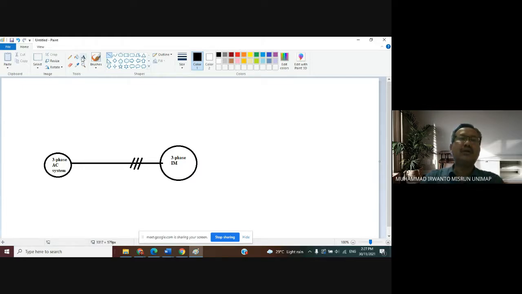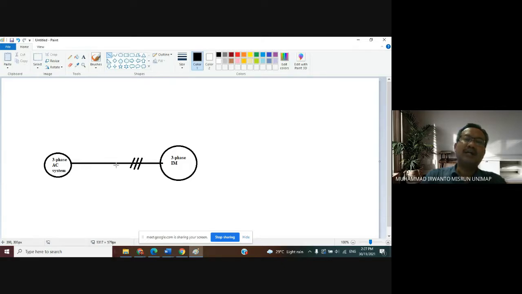Now when we complete this connection, our system, for example, has a line to neutral voltage of 240 volt, or a line to line voltage of 415 volt. It is given in our simulation using PSIM, a three-phase AC system.